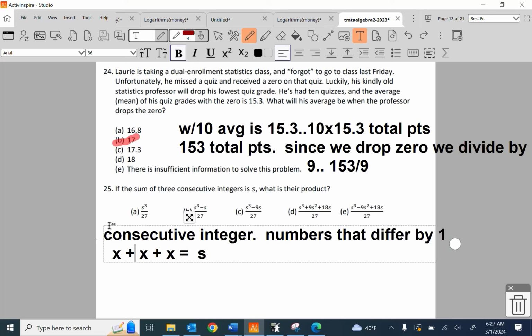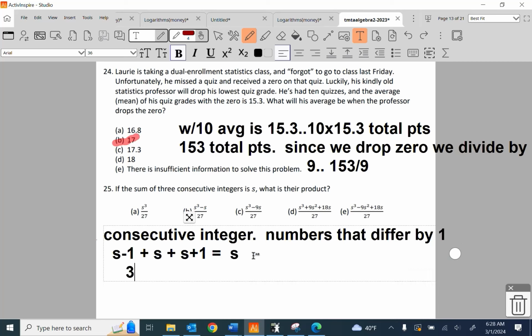All right. Now the way this would work, and it might seem kind of funny, since they're consecutive, think about the difference from the middle being take away 1 and adding 1. Now here's the other thing. They add to s.